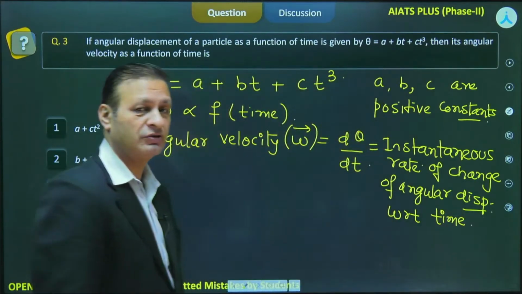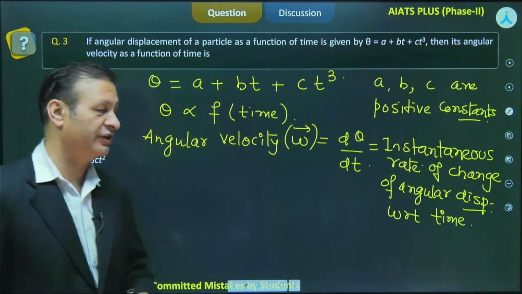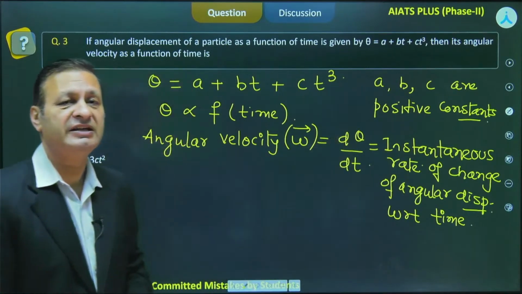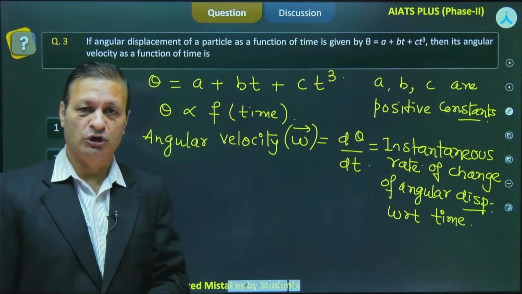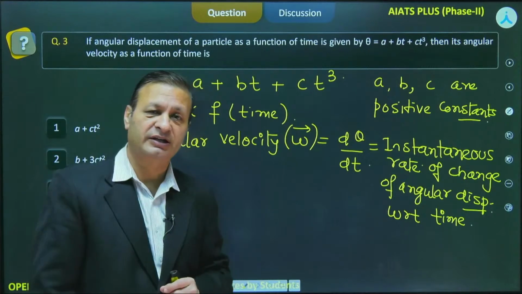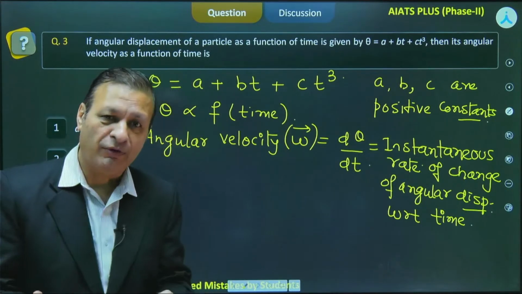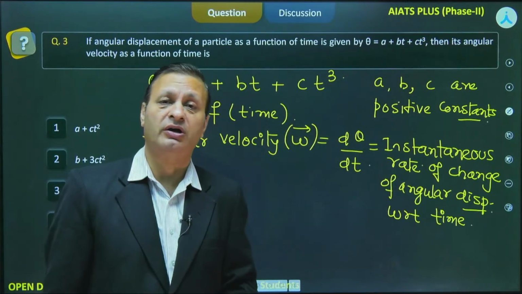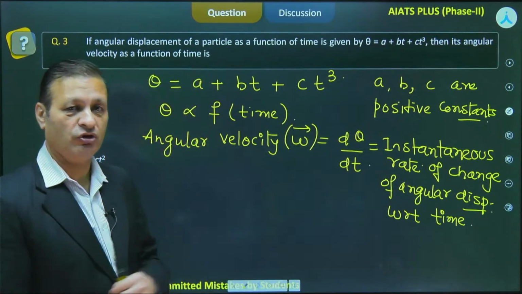So this is the instantaneous angular velocity. The other name given to the same concept is instantaneous rate or instantaneous angular velocity.